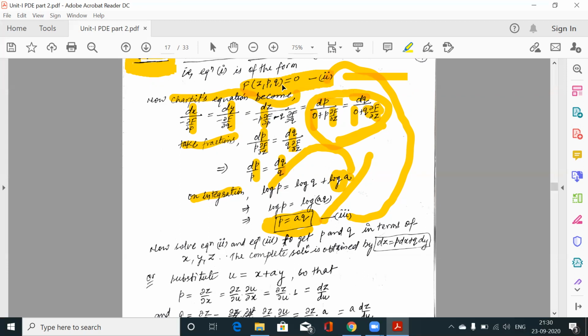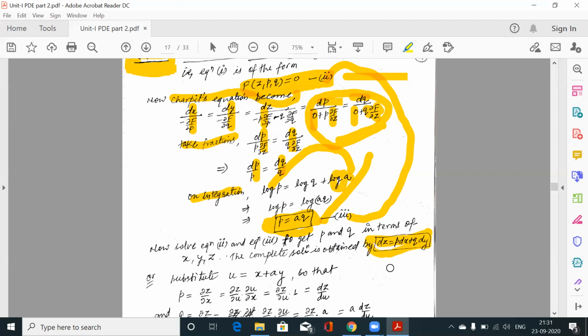That value we will substitute again here to get the value of p in terms of a and z. So we have got q in terms of a and z, and from this equation again we have got the p value in terms of a and z. Now we substitute these values in dz is equal to p dx plus q dy in Charpit method.